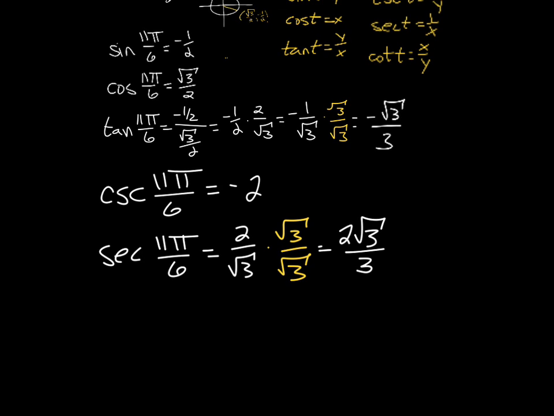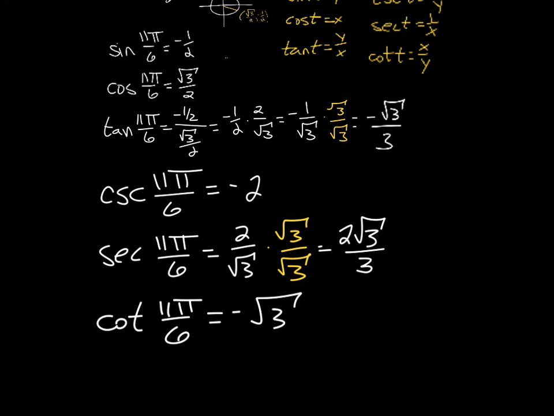And finally, cotangent. This one I'm going to just jump, cotangent is the reciprocal of tangent. So I'm going to just jump straight to negative square root of 3. Okay, so again, maybe you go through the solution.